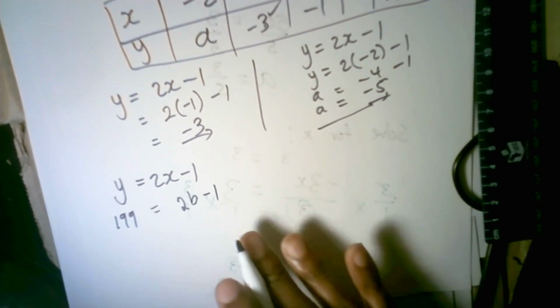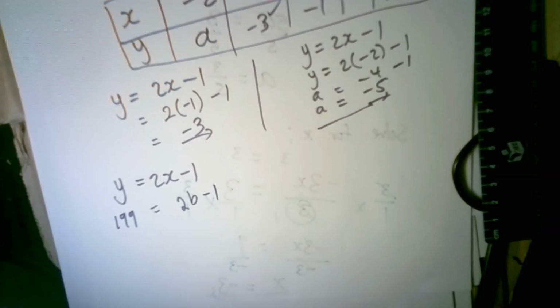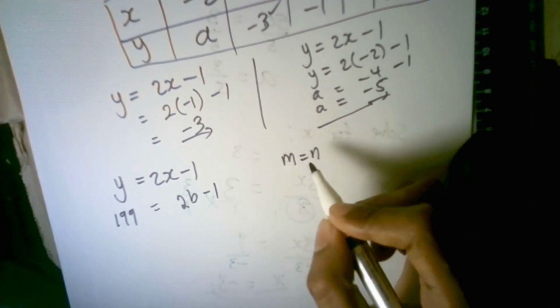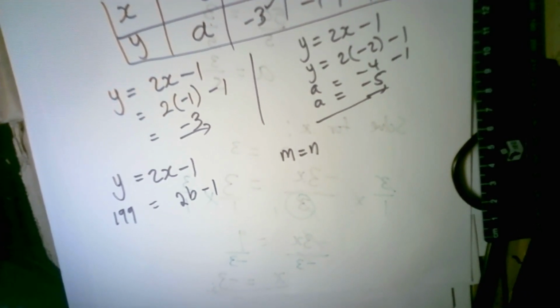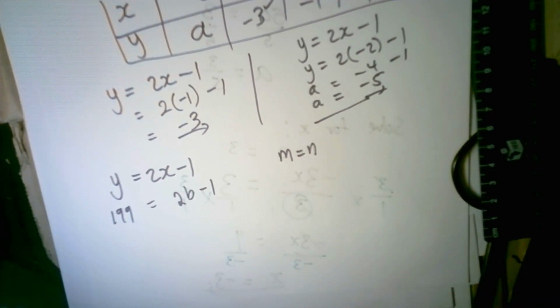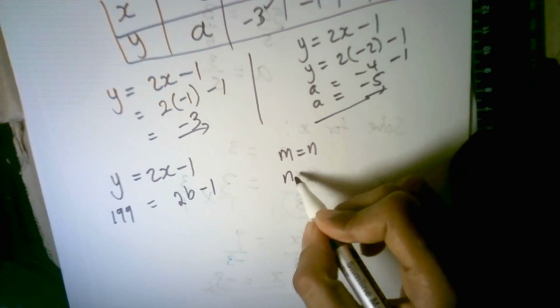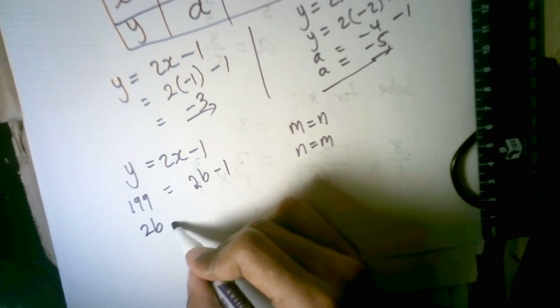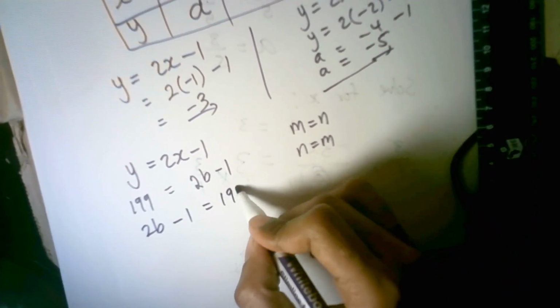And I can just solve this linear equation as any other linear equation. And remember, if m is equal to n, I can just make the left-hand side the new right-hand side and the right-hand side the new left-hand side. I can rewrite this as n is equal to m. So this is 2b minus 1 is equal to 199.